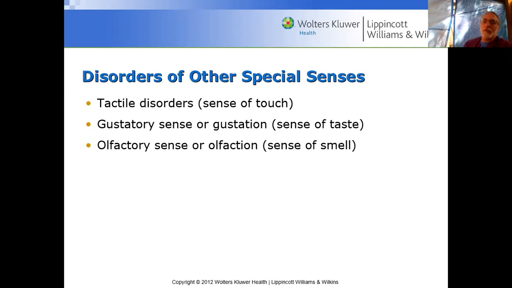Getting sufficient food into the patient to meet their metabolic demands. As with age, can come a decrease in gustation, or the gustatory sense, the sense of taste, which can lead to an impairment in appetite because nothing tastes really good.